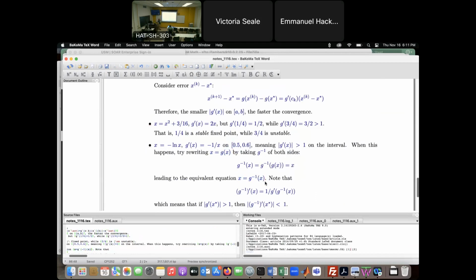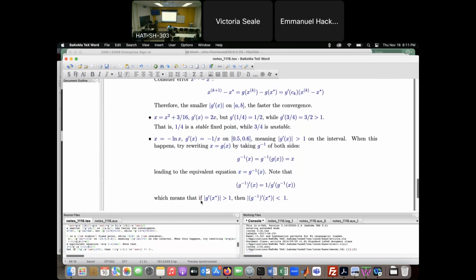Now we saw the inverse function last time, talking about root finding in general. So recall, the derivative of the inverse function is 1 over the derivative of the original function. So what that means is, if your original g doesn't work because the derivative is too large, take the inverse, because then you'll be taking 1 over the derivative, guaranteeing that it's less than 1.